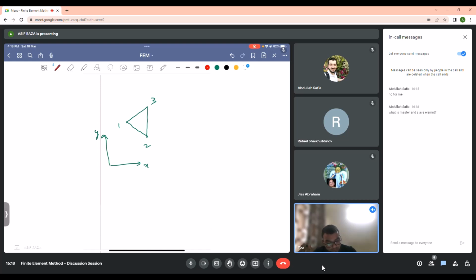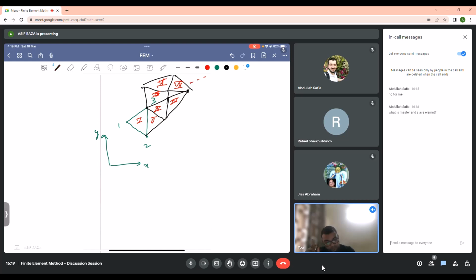So in a general body, this could be different elements altogether having different coordinates, like this. It goes on like so. This is the first element, second element, third element, fourth element, fifth element, sixth element, seventh element. Okay, it goes on.